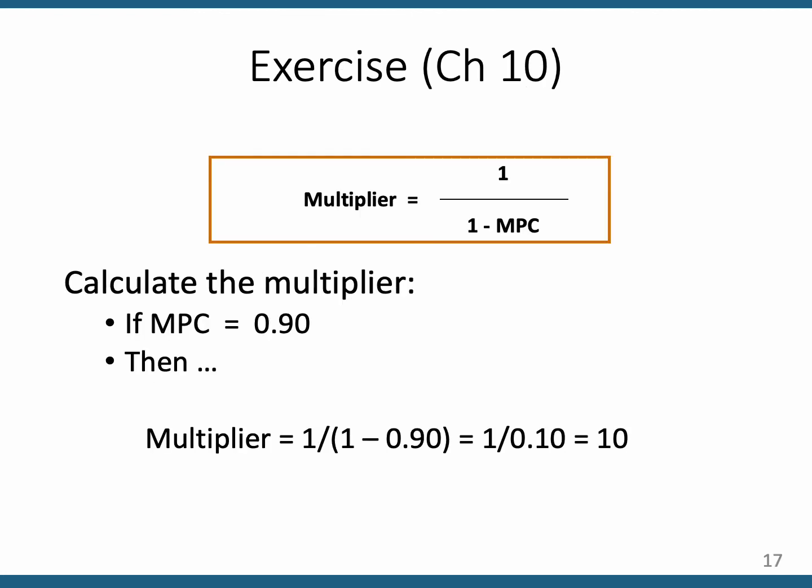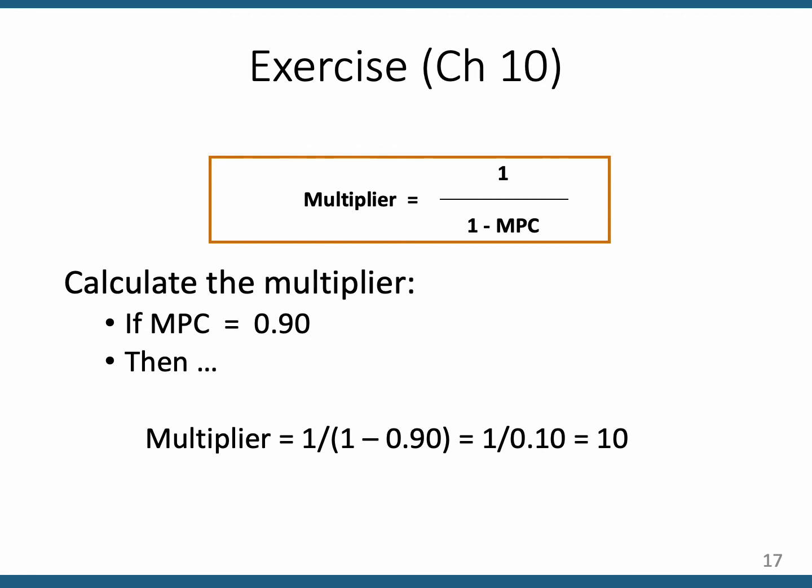Here's an example. If the marginal propensity to consume is 0.9, you can see that the multiplier then would be 1 over 1 minus 0.9. Again, I prefer to use, to figure these out, multiplier equals 1 over marginal propensity to save, because in the kinds of examples we're going to be doing, you could think of the marginal propensity to consume and save in terms of fractions.